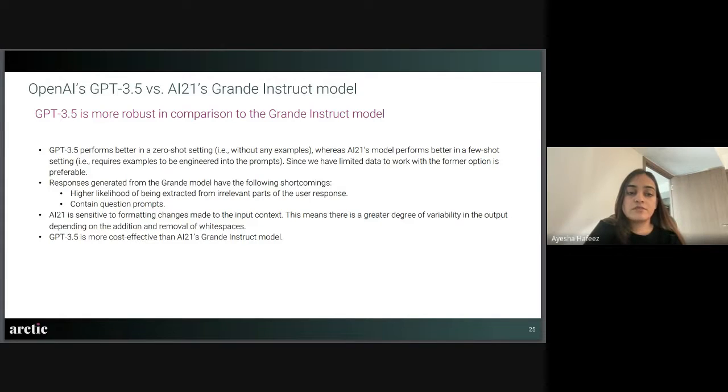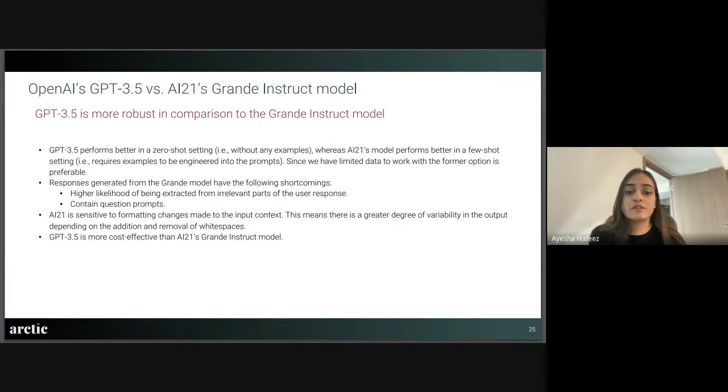Responses generated from the instruct model also had a few shortcomings. They were likely to contain the question prompts that we passed in the context, but they also had a higher likelihood of extracting irrelevant parts from the user response. And they were also sensitive to formatting changes.